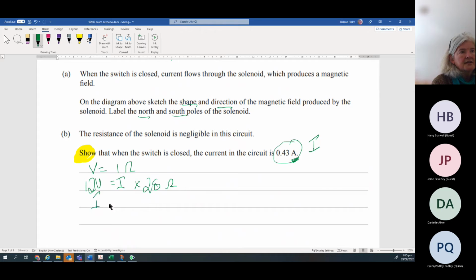And so I is equal to 28 ohm divided by 12. And no, I've got something wrong there. Because I've gone wrong, I should have 0.43. Oops, what have I done wrong?